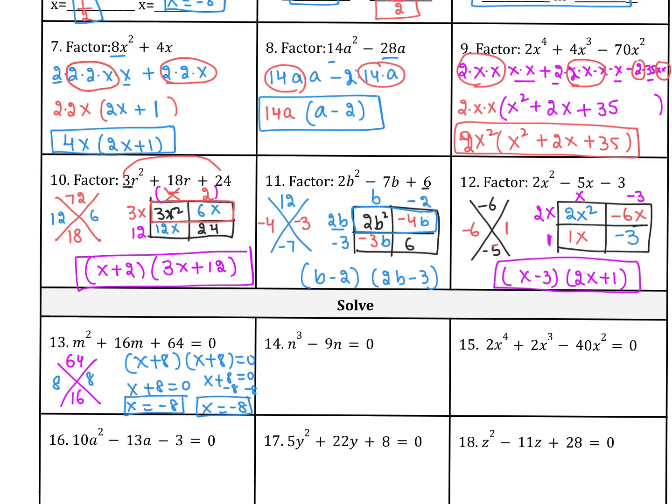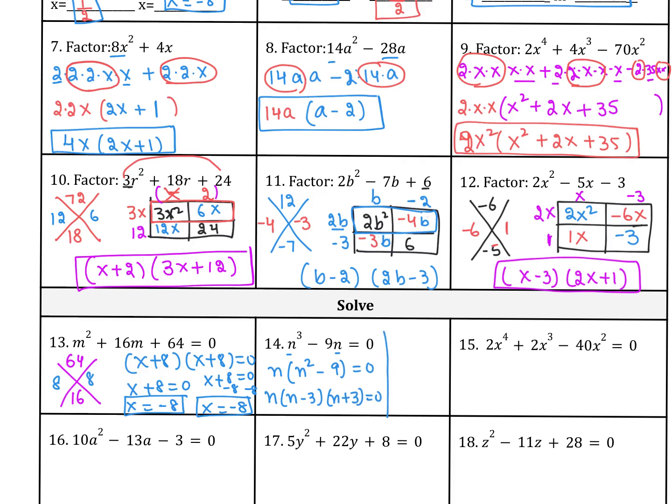For number 14, you take the GCF out, and the GCF is n. Inside is n squared minus 9 equals 0. So n squared minus 9, if you want to make factor form, becomes n minus 3 times n plus 3 equals 0.